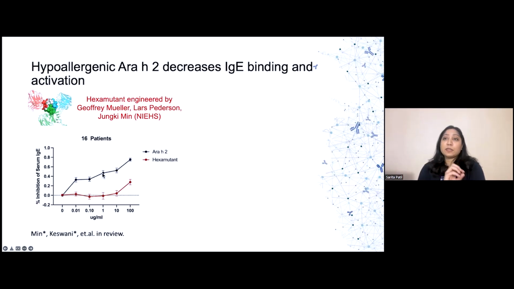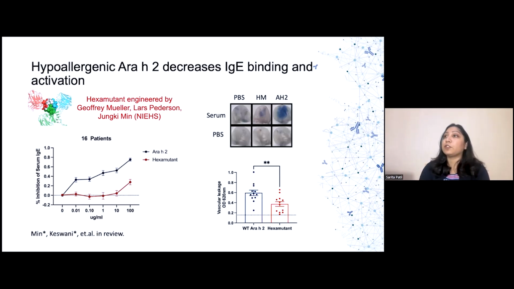And when we used the hexamutant compared to ARA-H2 and measured its ability to bind to serum IgE, we found the hexamutant has impaired binding to serum IgE from patients with peanut allergy. And this is across many patients who, again, have challenge-proven peanut allergy.